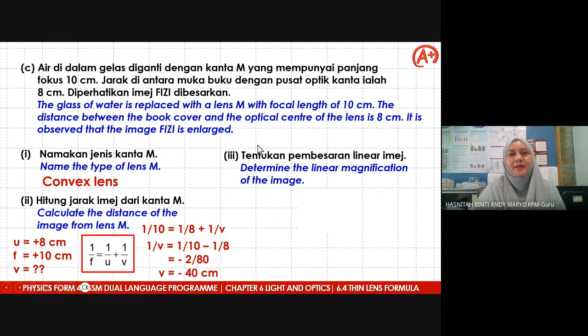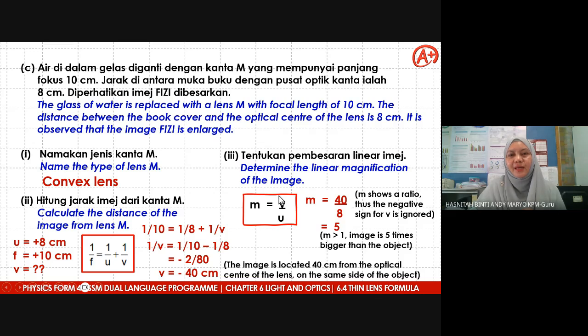And the third question: determine the linear magnification of the image. So again, M equals V over U. V is 40. Remember, for a ratio we ignore the negative sign because it does not affect our ratio.